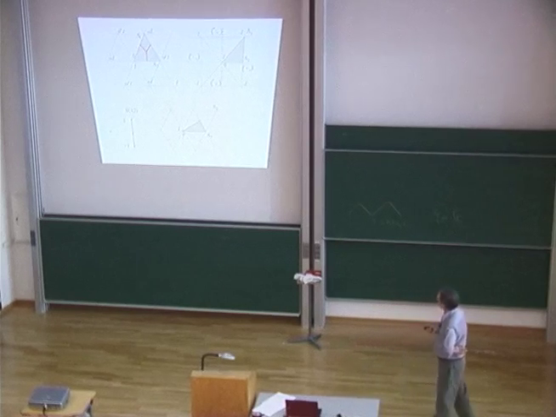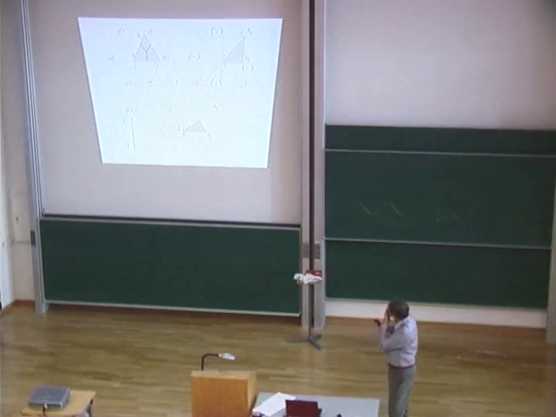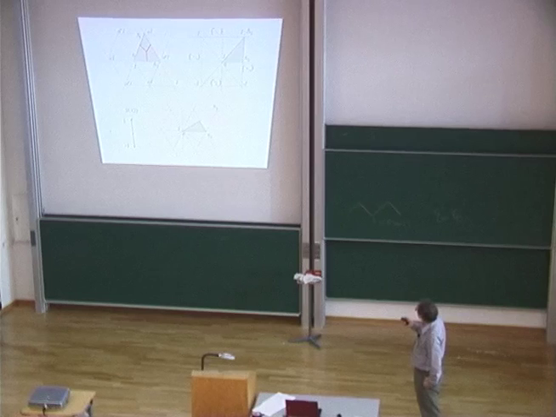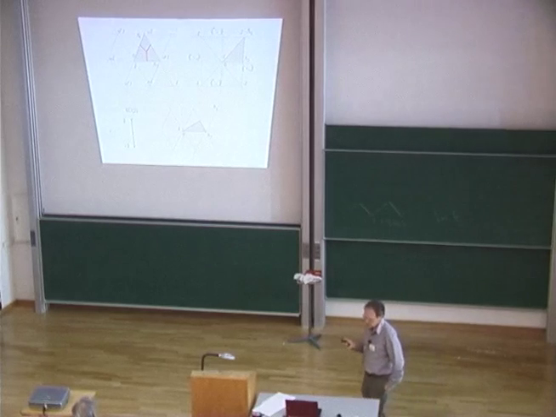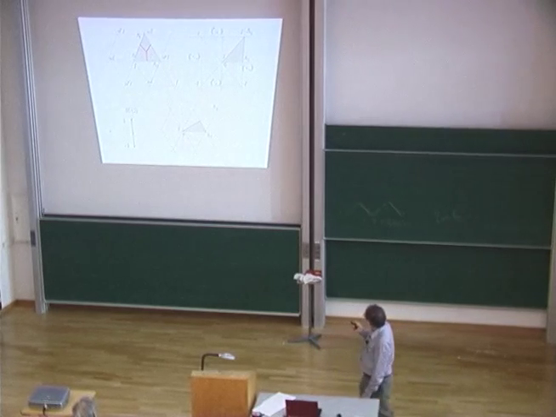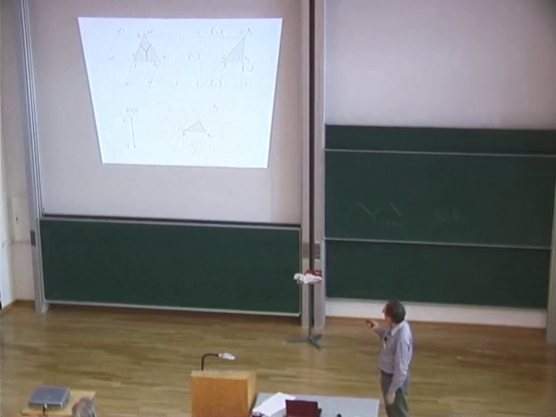These are three pictures representing the conjugacy classes in three examples. This is SU3, this is SP4, and this is G2. In the case of the circle, I had just to make one cut and then understand how I jump over there.